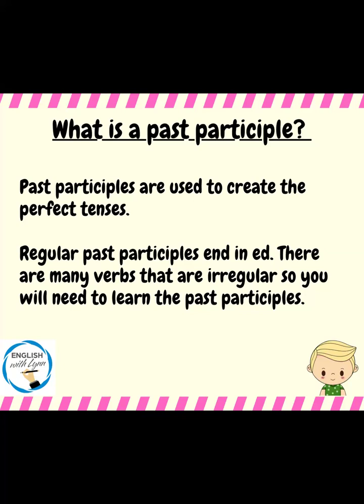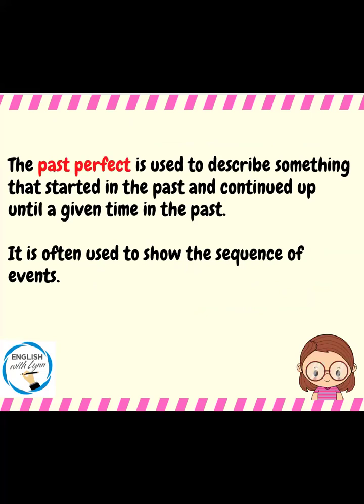Now, in this particular video, we are going to look at the past perfect, and we use past perfect to describe something that started in the past and carried on up until a certain point in the past. And often we use this when we are sequencing events.